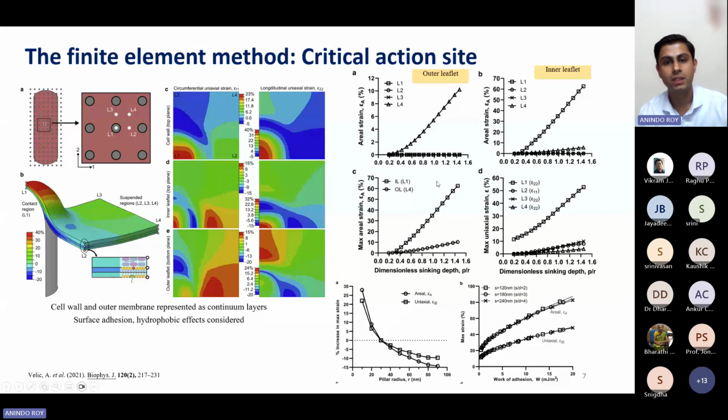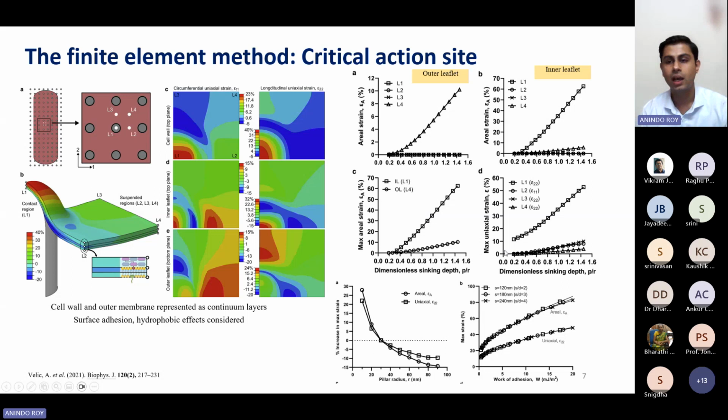And if we compare the maximum areal strain for the inner leaflet and the outer leaflet, we will notice that the maximum areal strain in the inner leaflet is much higher at comparable sinking depths than the outer leaflet. Therefore, if rupture is occurring, it is more likely to occur at point L1, because at similar sinking depths, that point has much more areal strain compared to the outer leaflet.